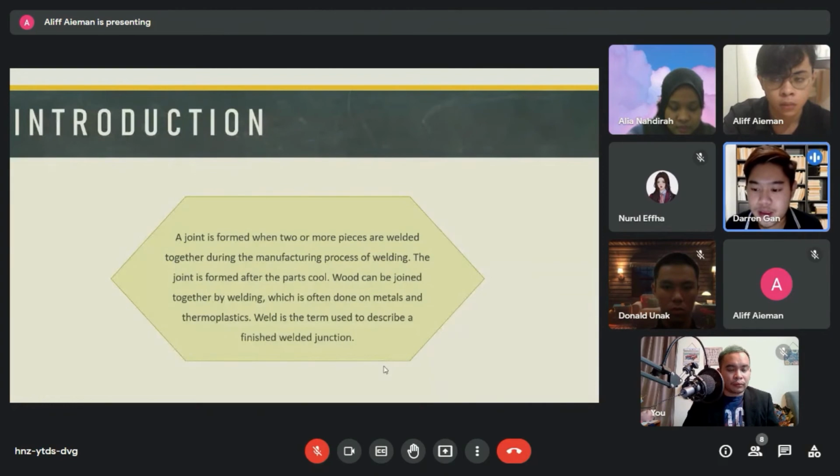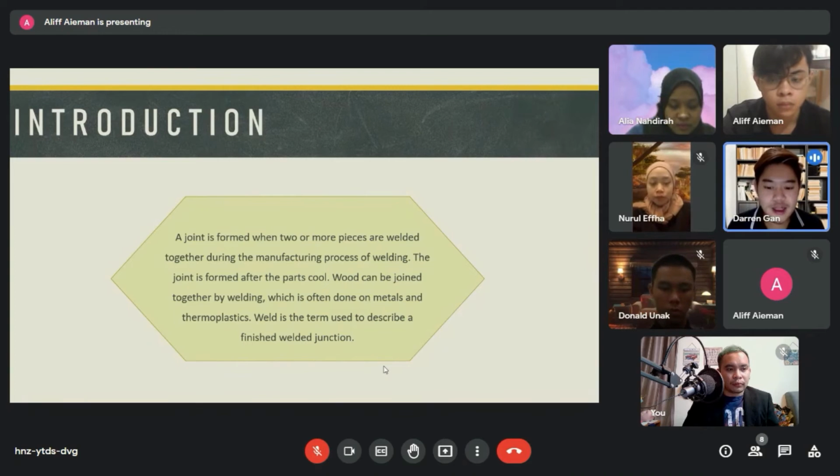These materials can be referred to as parent plates or pipes, filler wires, and disposable electrodes for arc welding, depending on their shape. That's all from me. I will pass to Alif.